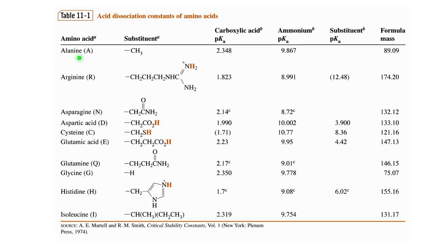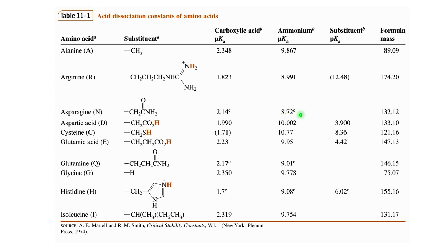This is common behavior for all amino acids, and as a matter of fact, all proteins. Just as an example, we look at alanine, a simple CH3 substituted amino acid, and we had carboxylic pK 2.3 and ammonium 9.86. With arginine, we have a more acidic carboxylic group, a more acidic ammonium group, and one more substituent group here.